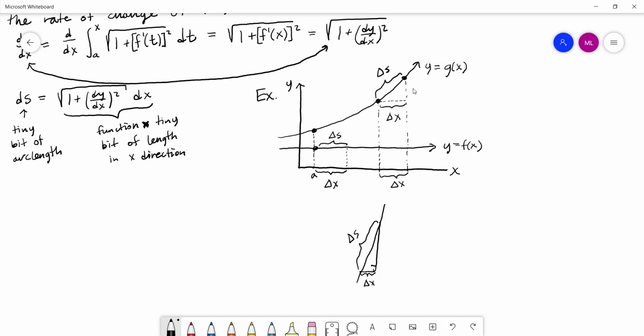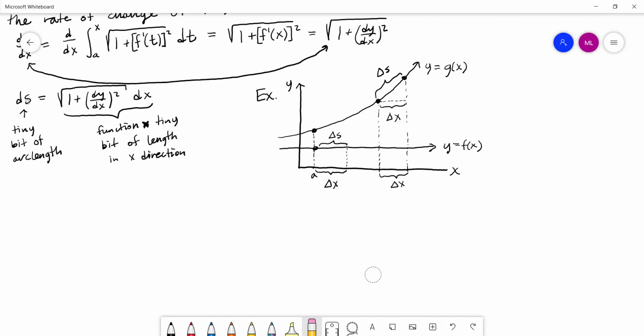And that discrepancy gets greater and greater the steeper the curve gets. So where the curve gets really steep, this function will start to produce large values, which makes sense. When a function gets steep, this slope will start to increase, and we will wind up getting a larger factor relating a change in x to a change in s. So conceptually, that is what's going on in this picture.